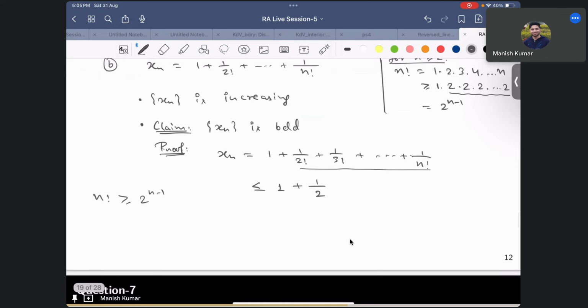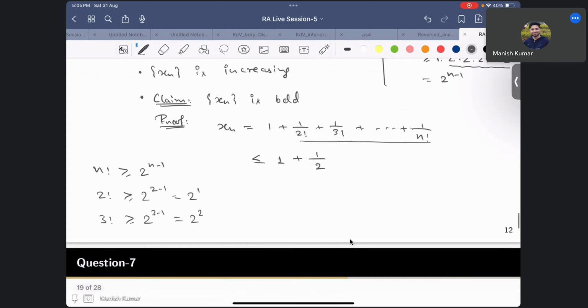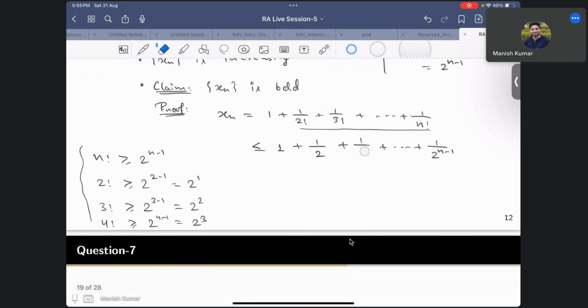So 2 factorial is greater than or equal to 2 raised to the power 2 minus 1, which is 2 raised to the power 1. 3 factorial is greater than or equal to 2 raised to the power 3 minus 1, which is 2 squared. 4 factorial is greater than or equal to 2 raised to the power 4 minus 1, which is 2 cubed. In the same way, if I proceed, I will get 1 plus 1 by 2, 1 by 2 squared, and so on, plus 1 by 2 raised to the power n minus 1, right? So we got this kind of sum.